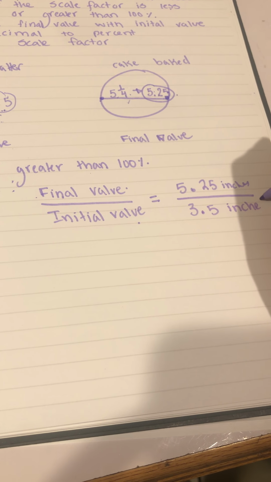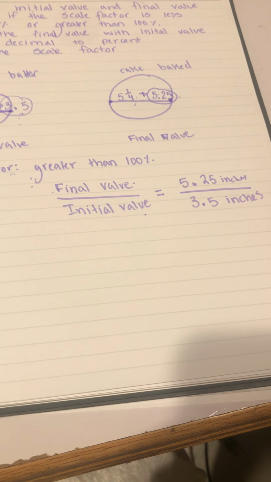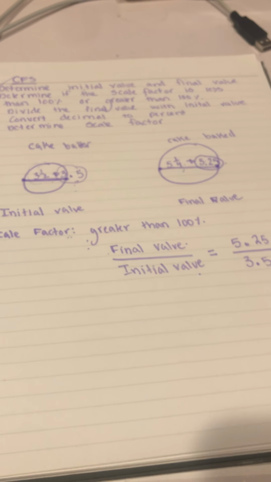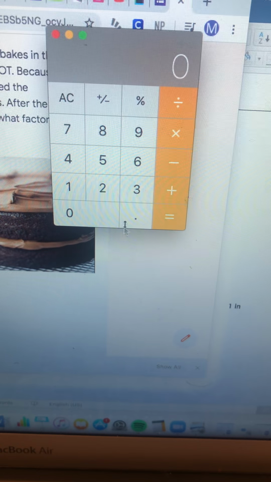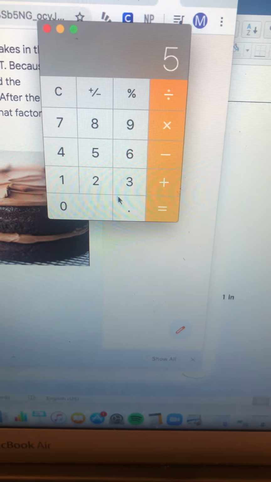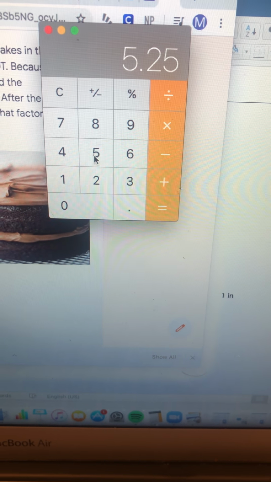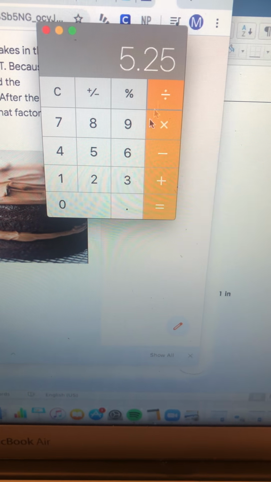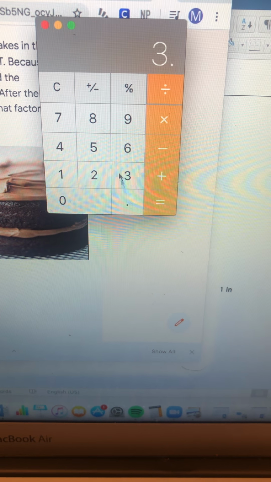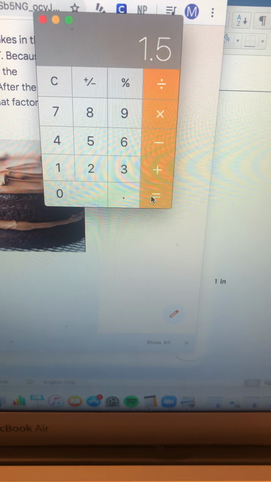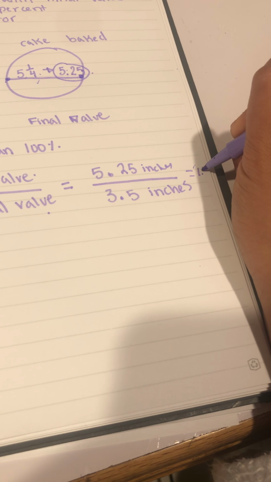Now since all of you I'm sure have your phones, we're just going to take this calculator and we get 5.25 divided by 3.5, and what you get is 1.5.